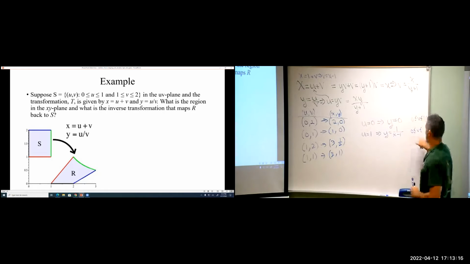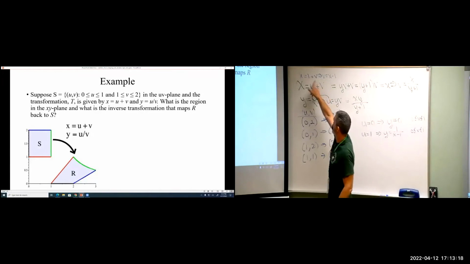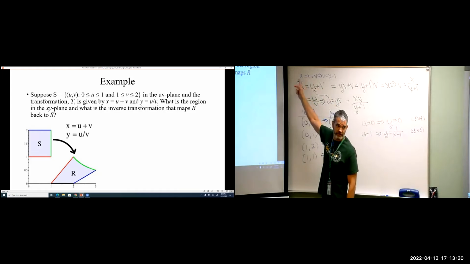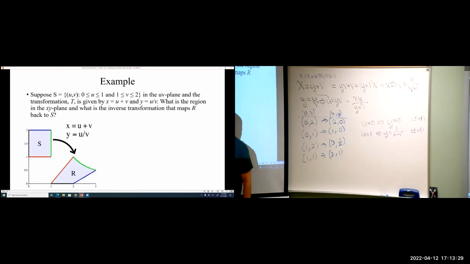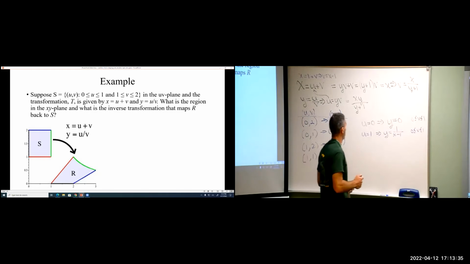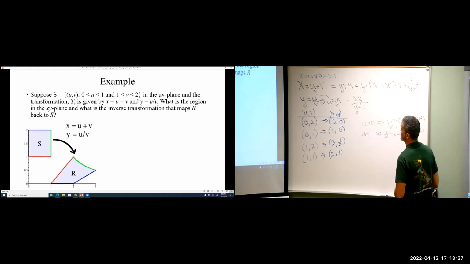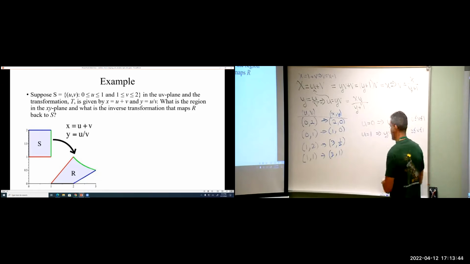Well, if v goes between 0 and 1, and x is 1 more than that, x is going to go between 2 and 3. So x from 2 to 3, we basically get this piece of the graph of 1 over x minus 1.